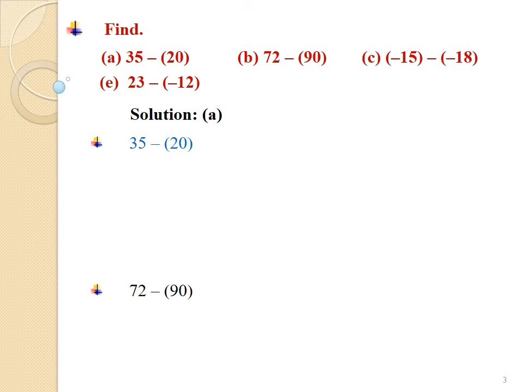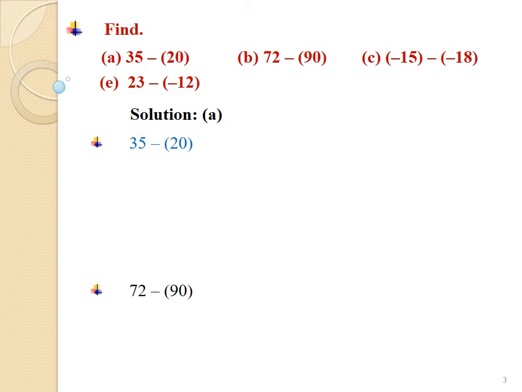They are: step number 1, convert the subtraction sign into an addition sign. And step number 2, after converting subtraction sign into addition sign, take the inverse of the number which comes after the minus sign.